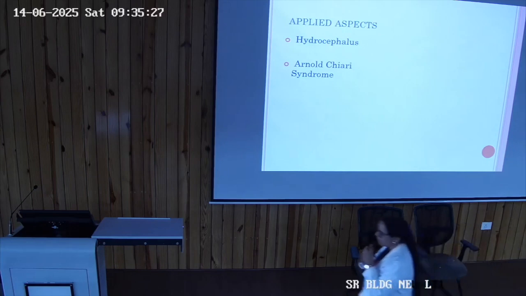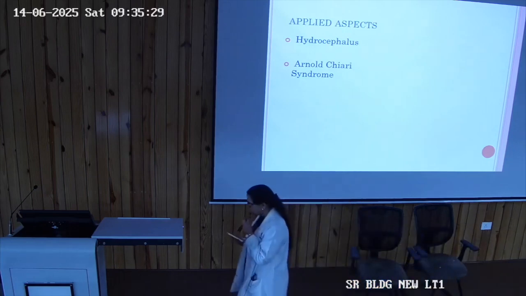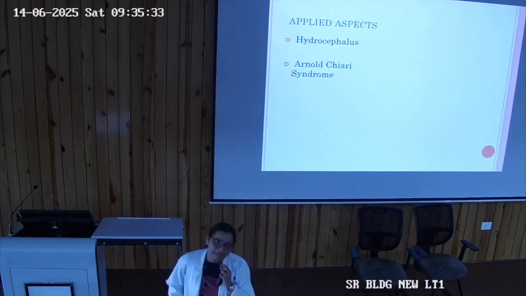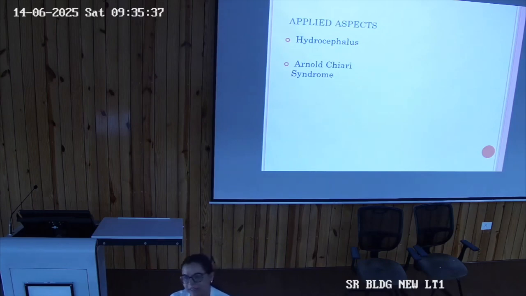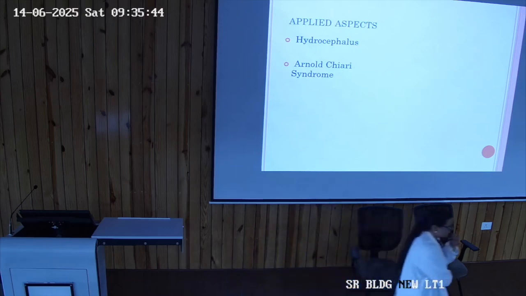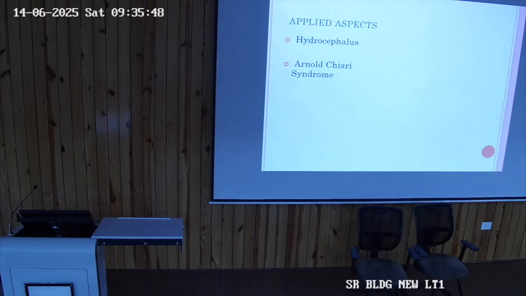Now what are the applied aspects related to the floor of fourth ventricle? There are many more applied aspects, but one is the hydrocephalus and second is the Arnold-Chiari syndrome. So what happens in the Arnold-Chiari syndrome? There occurs herniation of the cerebellar tonsils.